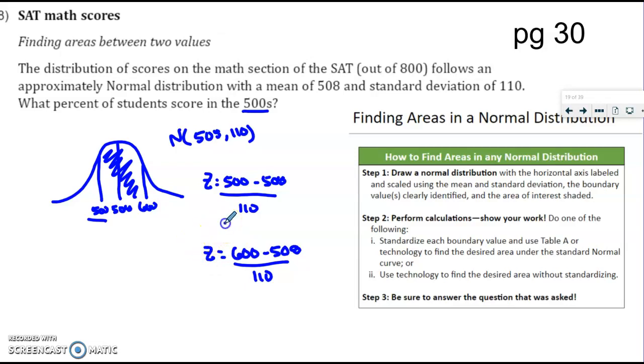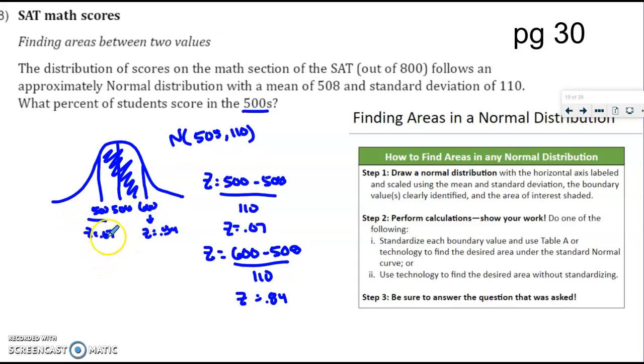In this case, we got a z-score of 0.07, and in this one, I got 0.84. Okay. So I know that this is where z equals negative 0.07, and this is where z equals 0.84. So I'm trying to find the probability that falls within those two.